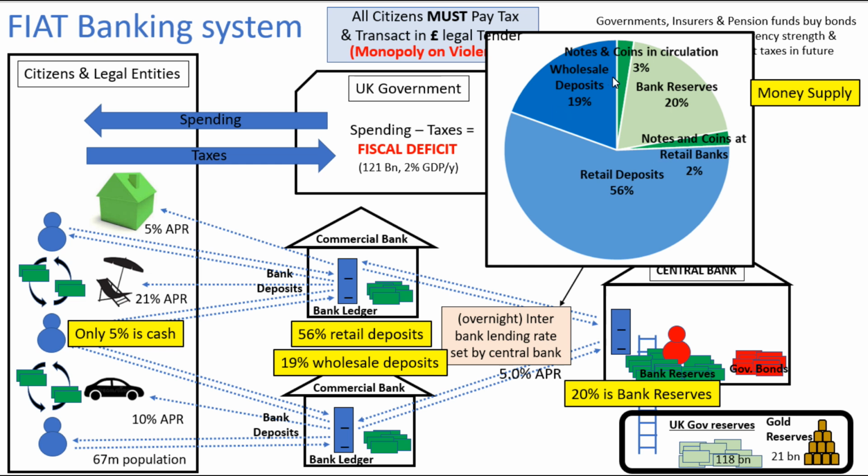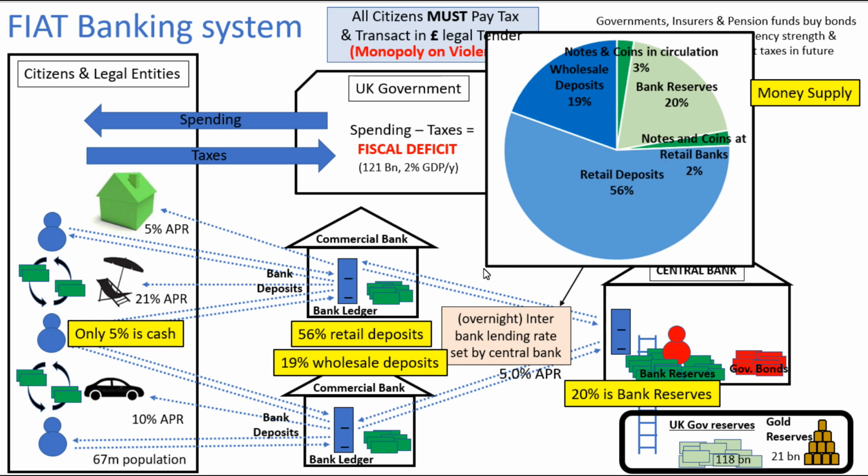Then actually a lot less, 90% is wholesale deposits. And these are deposits not really owned by individuals so much, but larger deposits owned by financial institutions and businesses. And then only 20% of the money supply is in the form of bank reserves.